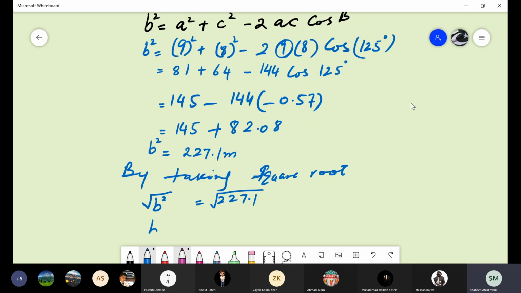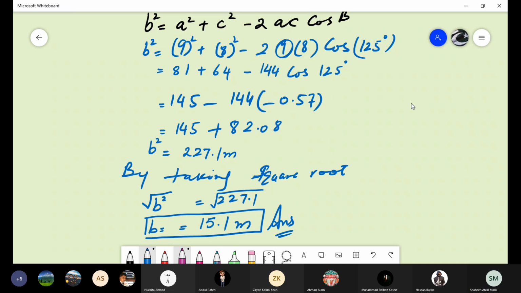What's the value of B? 15.1 meter. This is your final answer. Or you can write that B is equal to AD, and that is 15.1 meter. And your syllabus is finished, Alhamdulillah.